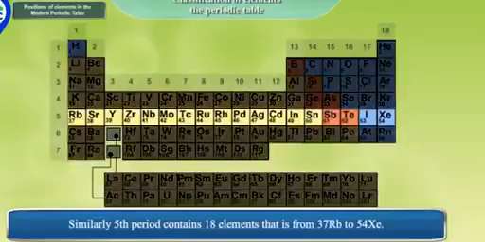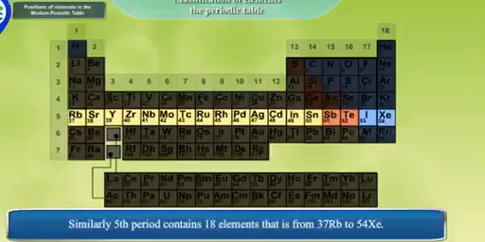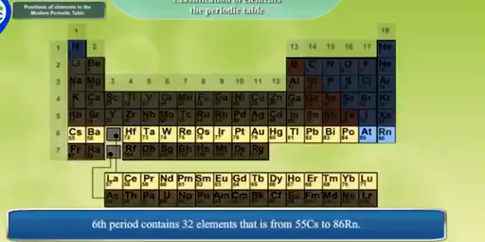Similarly, the fifth period contains 18 elements, from 37Rb to 54Xe. The sixth period contains 32 elements, from 55Cs to 86Rn.